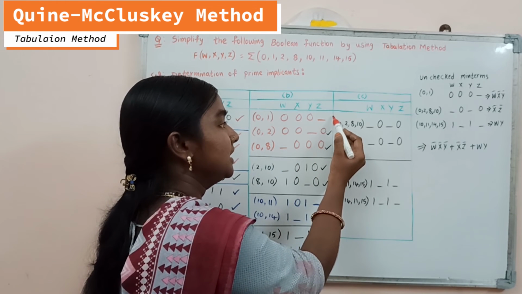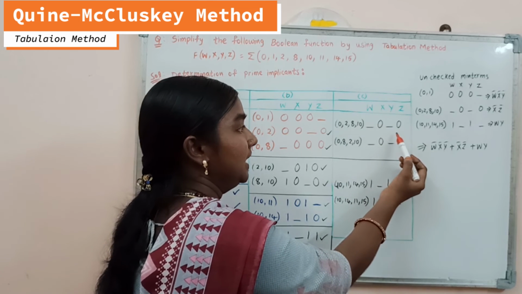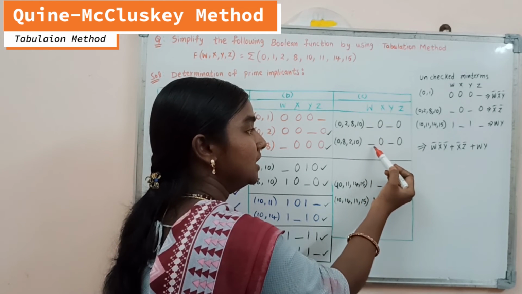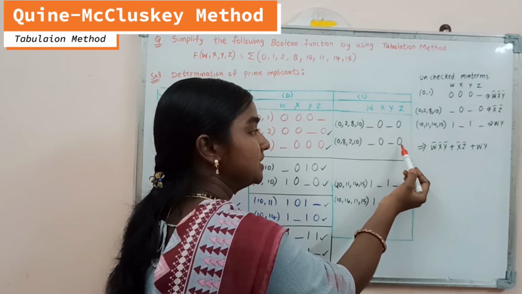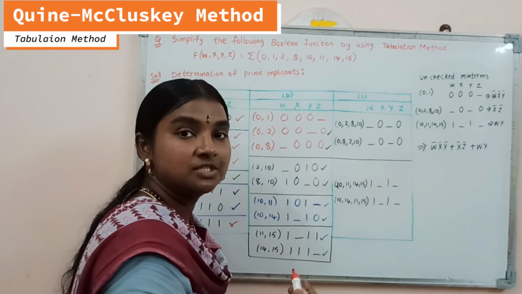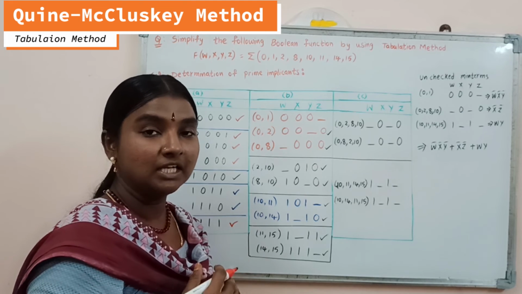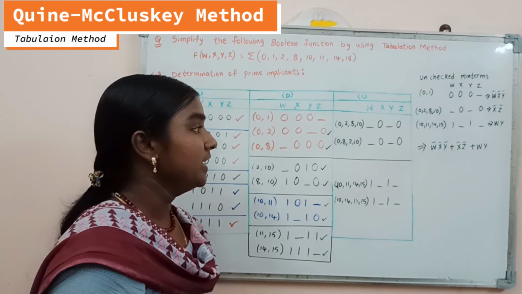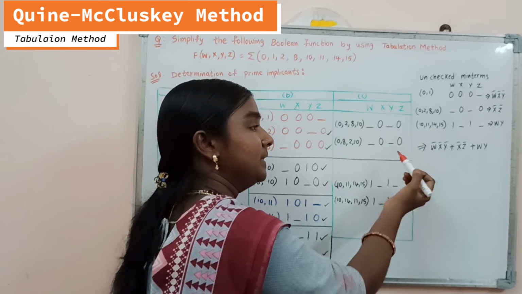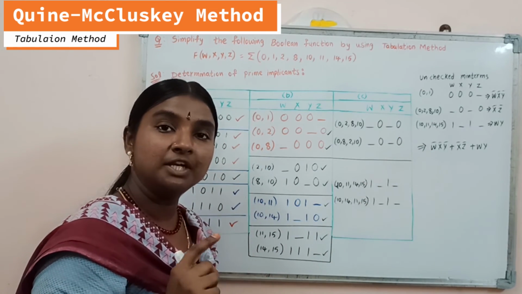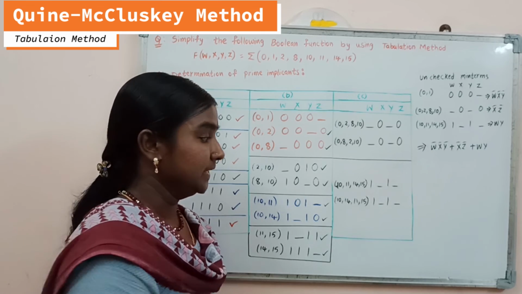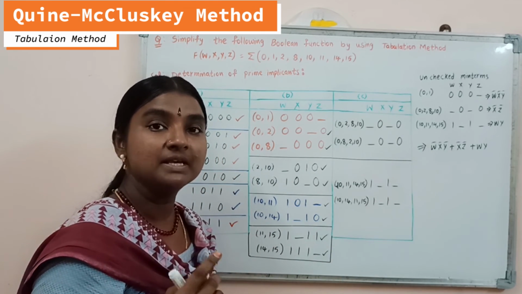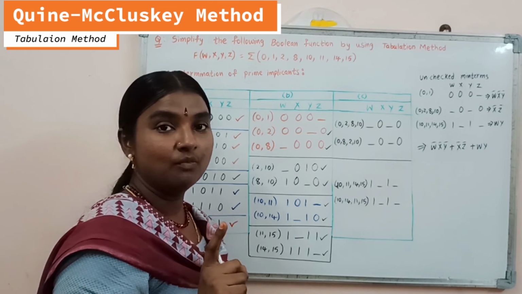This is an unchecked binary combination, and here also dash 0 dash 0, and here also dash 0 dash 0. These two binary combinations are also unchecked because the comparison is not possible for the next column. Here these two binary combinations repeat two times, so we need to consider them only one time. Here also, the binary combination appears two times, so we need to consider it only one time.